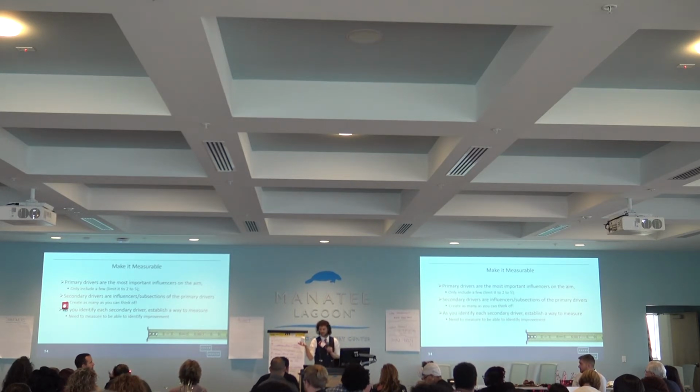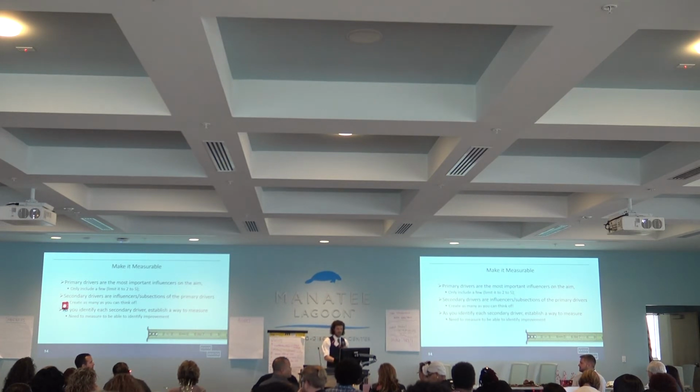So in a driver diagram, we recommend about the same number, 2 to 5. I use 3 personally. Secondary drivers are the influencers of the primary drivers, and so you normally want to name as many as you can. Just like we saw in the fishbone, each of those big categories had many lines on it. And sometimes those lines will all be filled up, and sometimes there's only going to be a couple things, and that's okay. As you identify each secondary driver, this is where you want to establish a way to measure it.